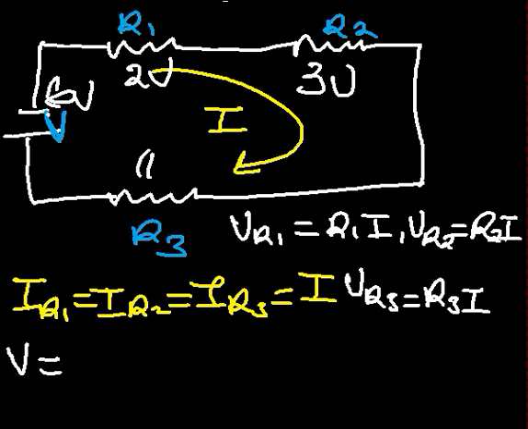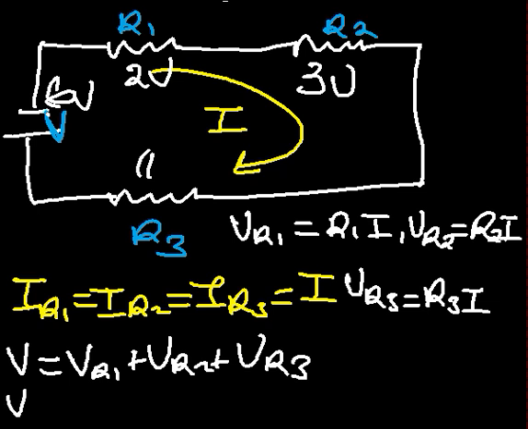If that's the case, then the total voltage from the battery will be the sum of the actual shared voltages. So we'll have the voltage across the R1 resistor plus the voltage across the R2 resistor plus the voltage across the R3 resistor. This is true.